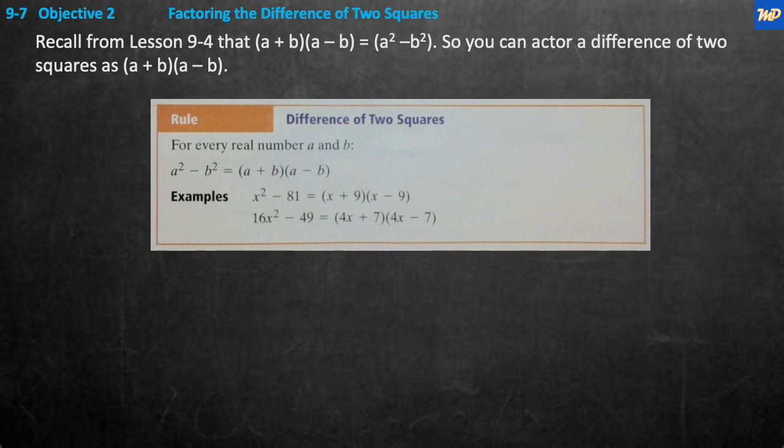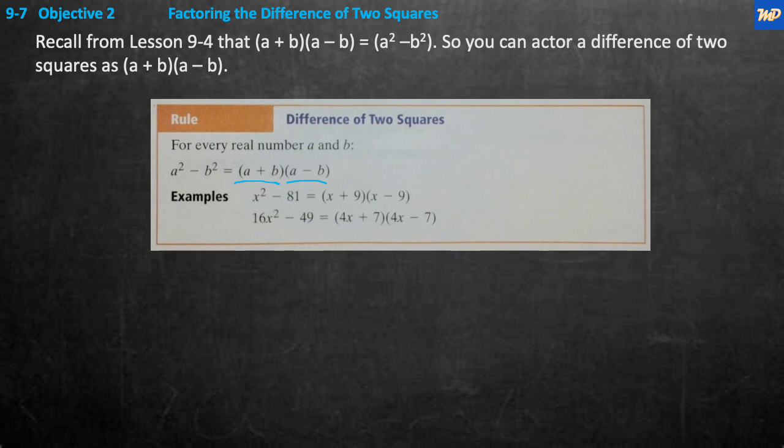The rule says, for every real number a and b, a squared minus b squared is equal to the quantity a plus b times the quantity a minus b. So a squared minus b squared can be broken down into a plus b and an a minus b.